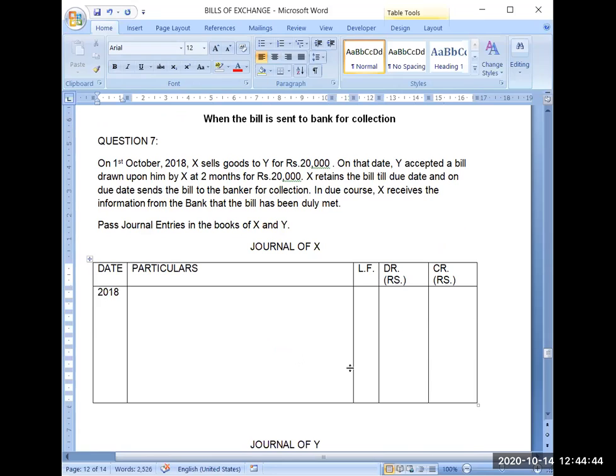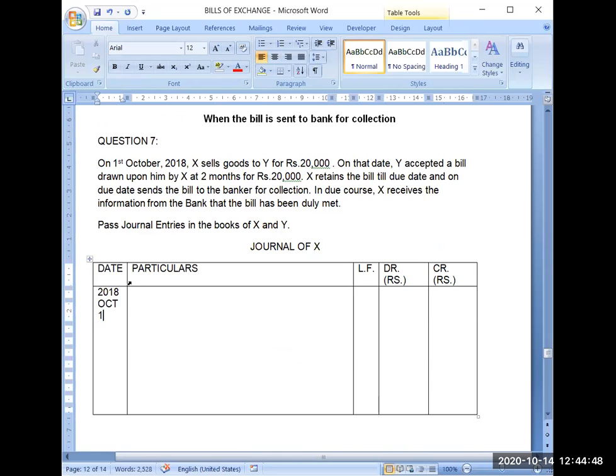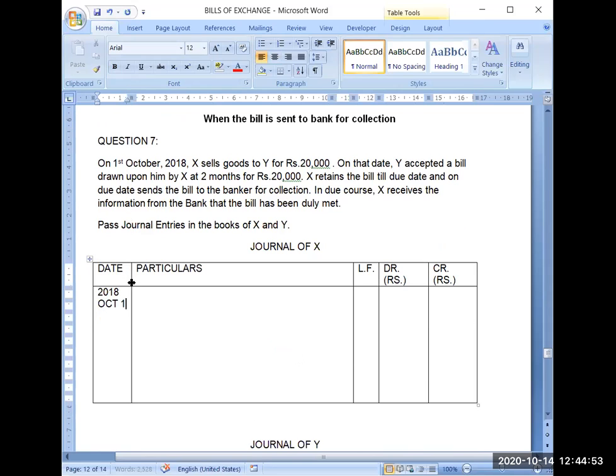Here I will write the date, October 1. And the entry will be Y debit 20,000 to sales account 20,000.